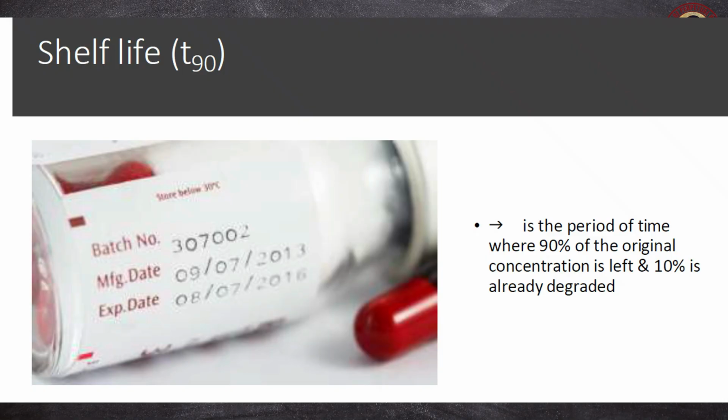It tells us how long a product can stay effective under normal storage conditions. So remember, half-life describes drug elimination in the body, while shelf life refers to drug stability on the shelf. Both are about time and degradation, but one protects the patient and the other protects the product.